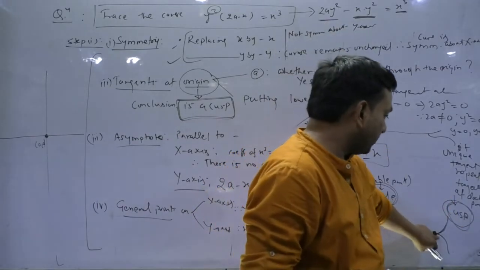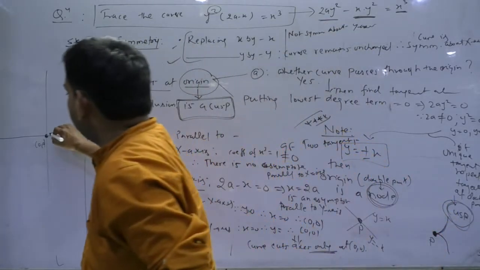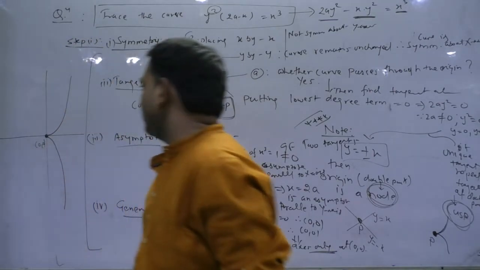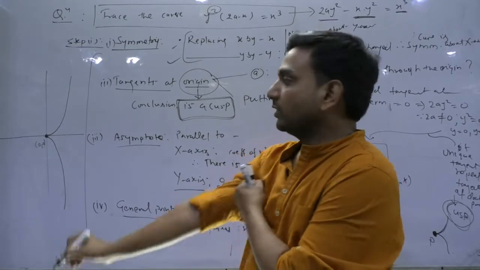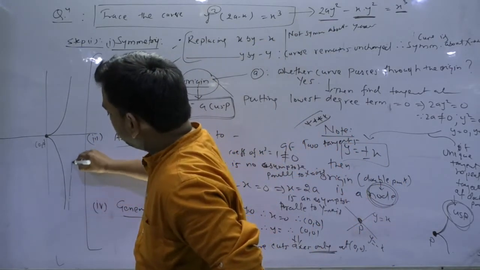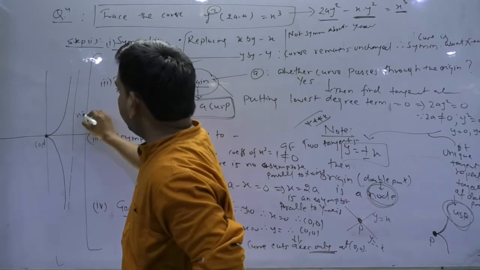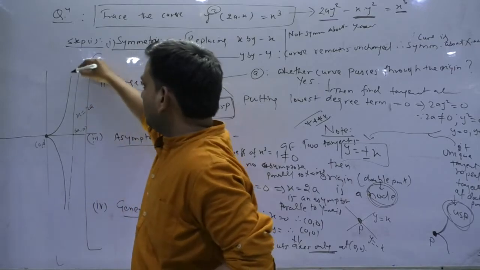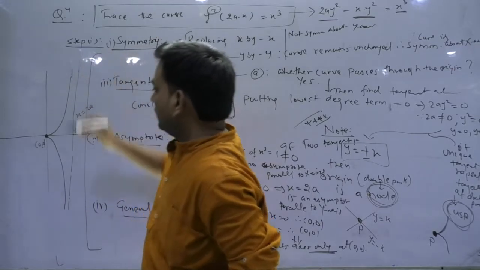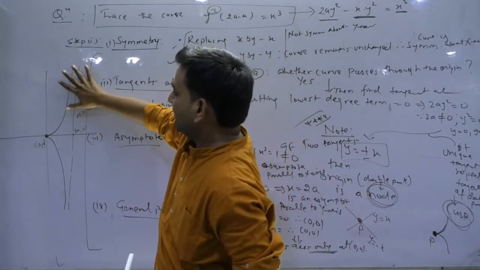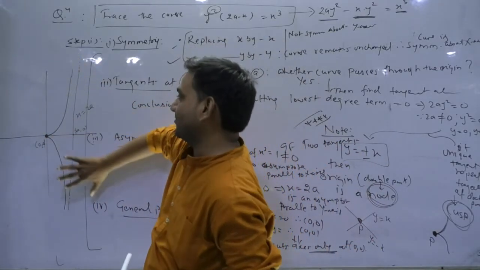So cusp looks like this. Any issue? x equals to 2a. This is the line. x equals to 2a is an asymptote. What बच्चे? Asymptote. Or curve is symmetrical about x axis.